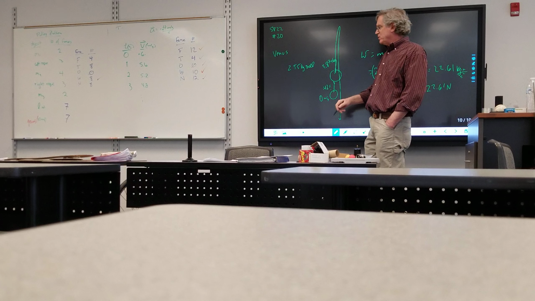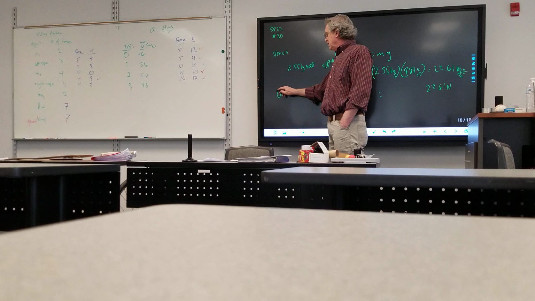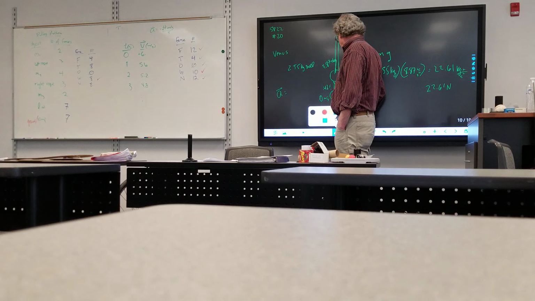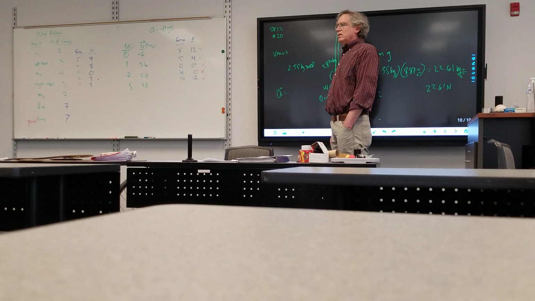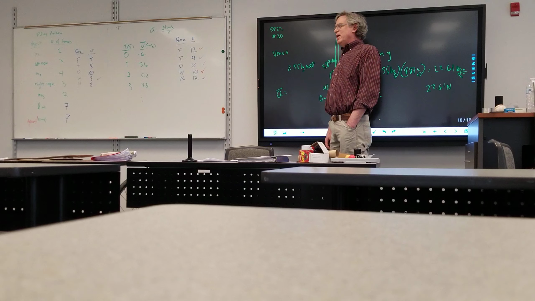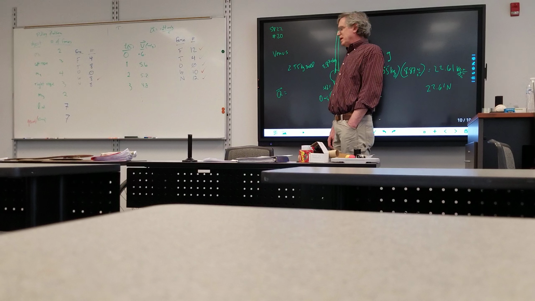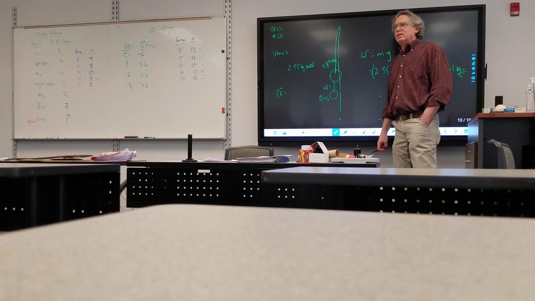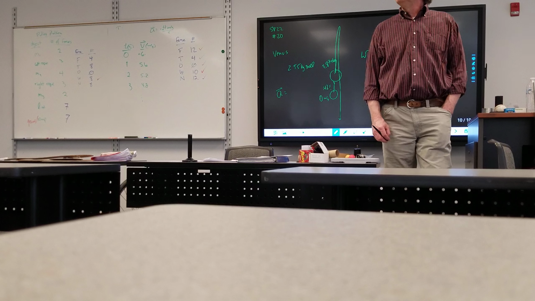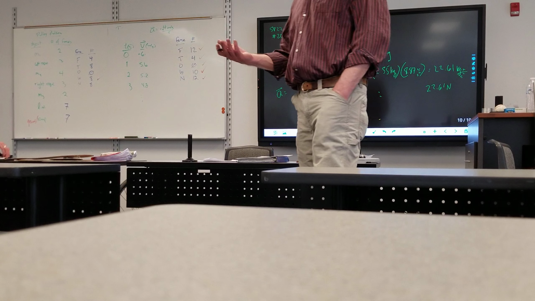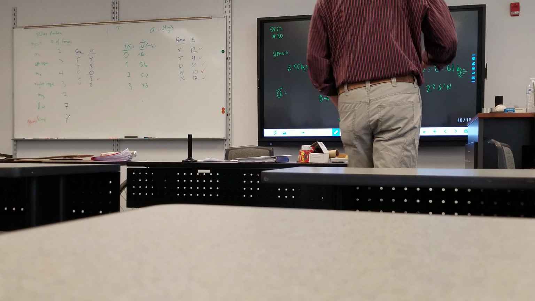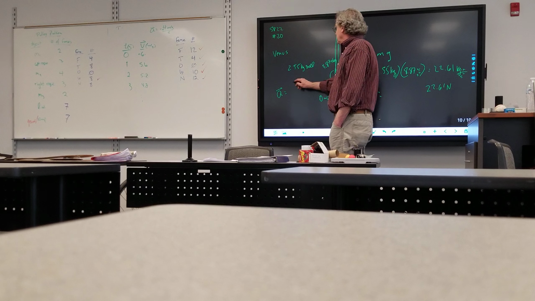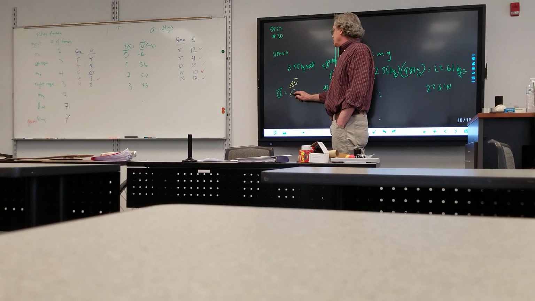How do you find acceleration? Force equals mass times acceleration. Not the easiest one here, especially since I gave you initial and final velocities and time. This formula: change in velocity over change in time.